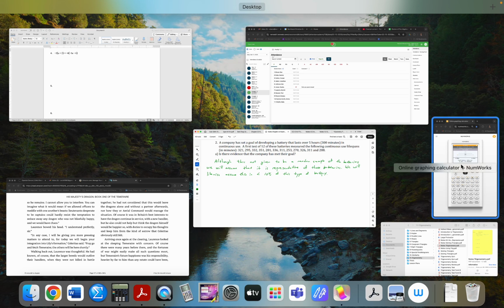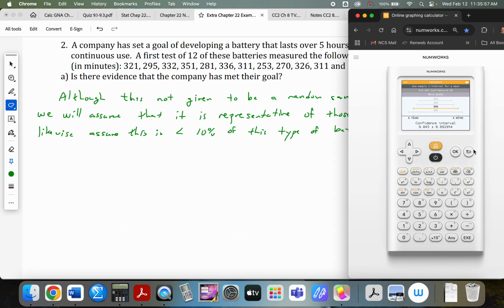All right, so let's put this in and see what this thing looks like. So I'm going to clear all these out and put these in.